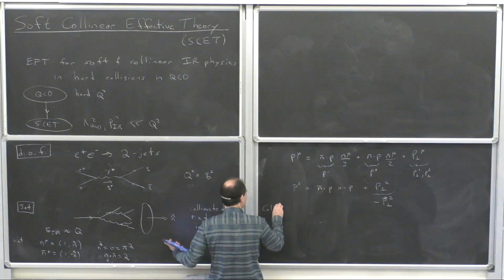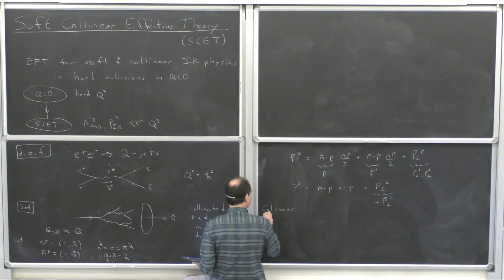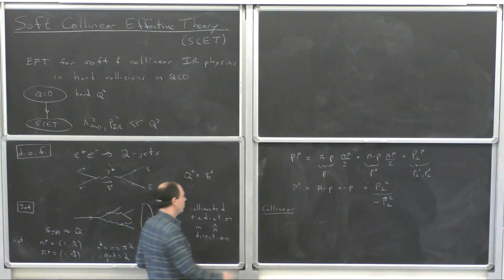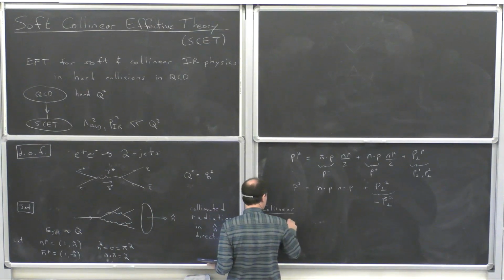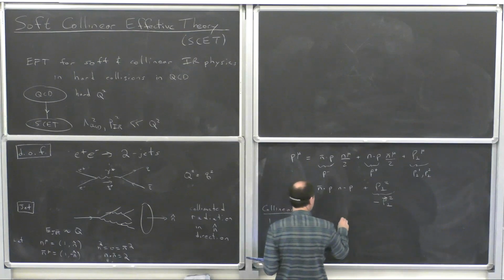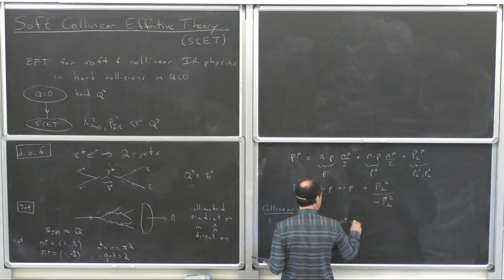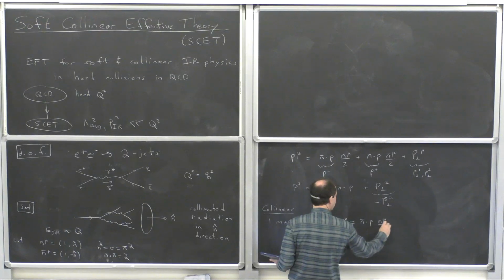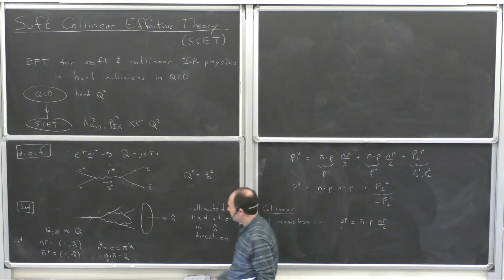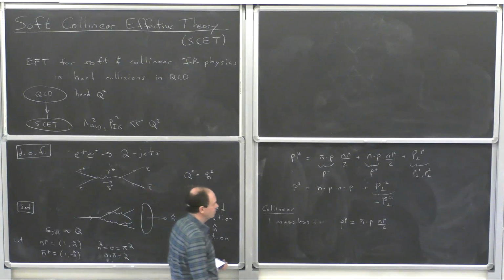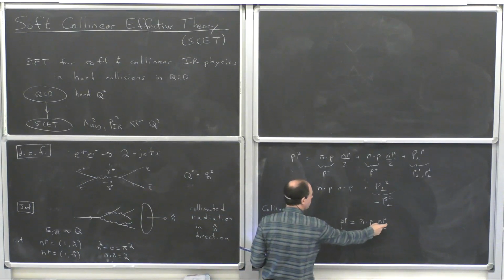So let's start talking about the particles in the shower, and we'll just talk about them one by one. Let's imagine that there's just one massless particle. Well, if it's massless, its p squared is 0. It has some large momentum, and it's in the direction of the jet. If there's only one, then it is the jet, kind of. So we can just say that its p mu would be n bar dot p times n over 2.